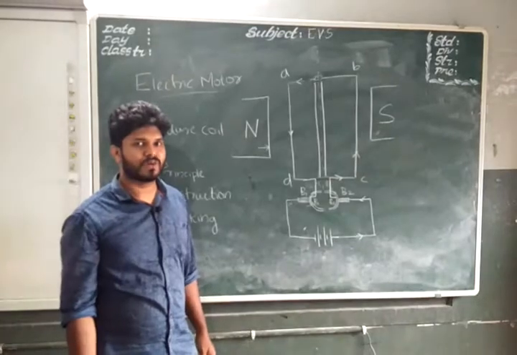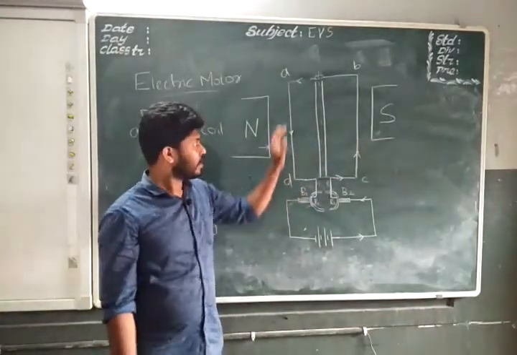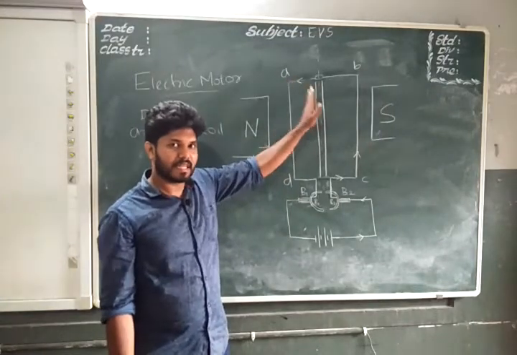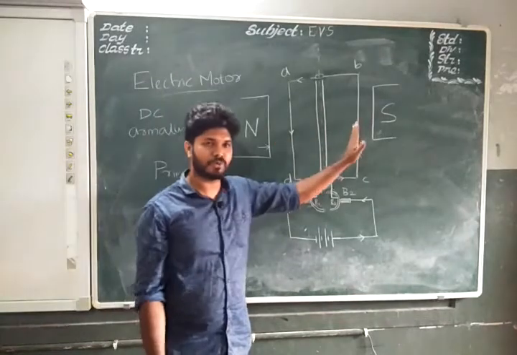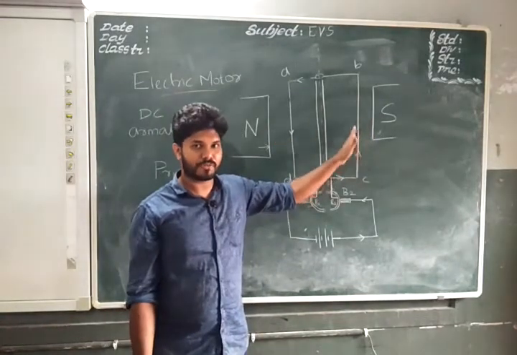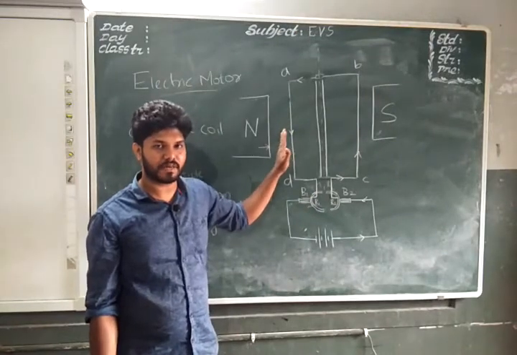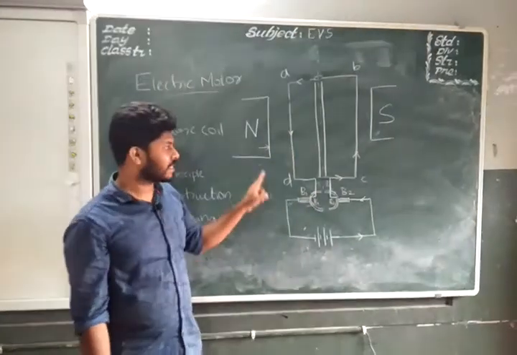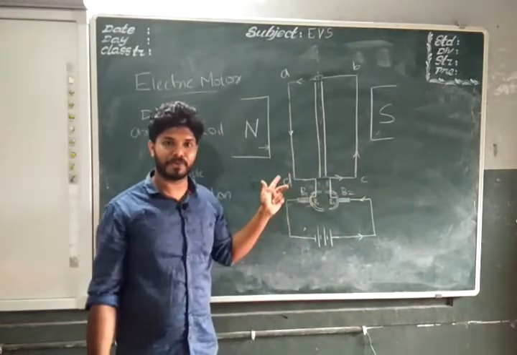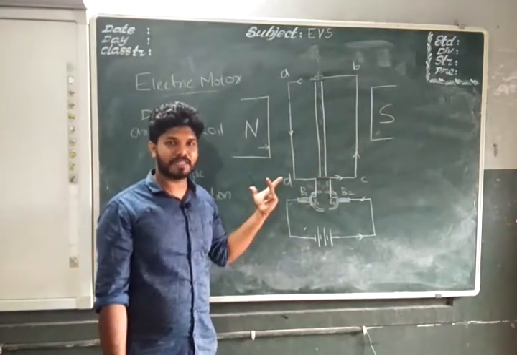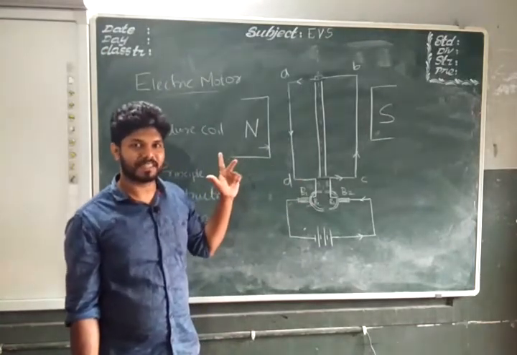Now, either we can check here or here. For our convenience, let us check here. What happens when the current reaches here? I will explain how to check the motion of the conductor. We know that if a conductor is placed in a magnetic field, it experiences a force, and that force is explained by Fleming's left-hand rule, isn't it?